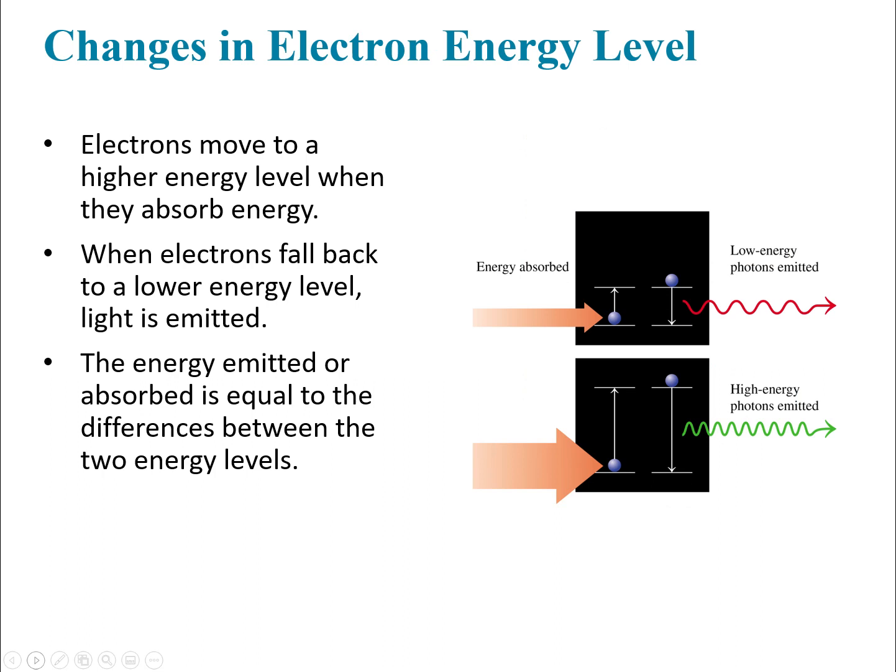When an electron changes its energy level, it requires either absorbing energy or emitting energy. So let's say that I have n equals 1 and n equals 2. I have an electron in n equals 1. In order for it to go from n equals 1 to n equals 2, I have to add energy.